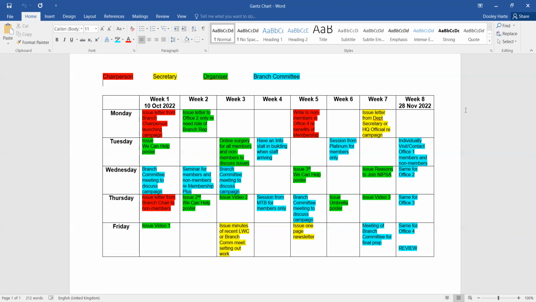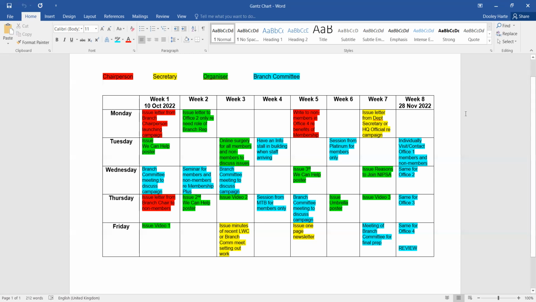Now, at the end of week 5, we talk about a newsletter. One of the things, and I meant to say it about the Membership Plus sessions as well, is there are opportunities for you to take photographs or short videos of some of the things that you're doing and then reissue those later in the campaign as a means of reminding members what you've done, but also maybe trying to pick up those members who never got to the event in the first place. This is one of the things you can do with an information stall.